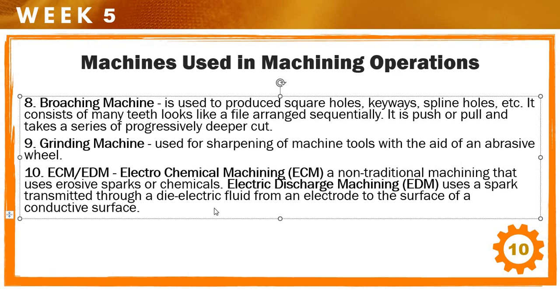When you say dielectric fluid, it is a kind of solution that has the ability to maintain an electric field. That electric field mobilizes the electrodes in that solution, and that mobilization makes the material removal on a workpiece. So that's the electric discharge machining.